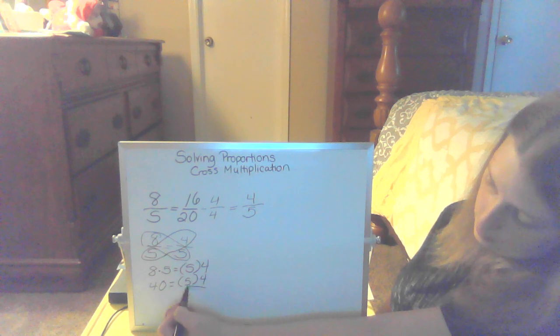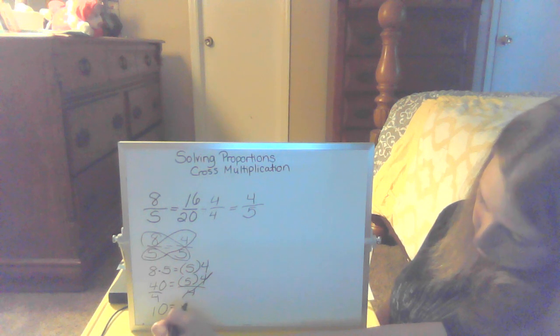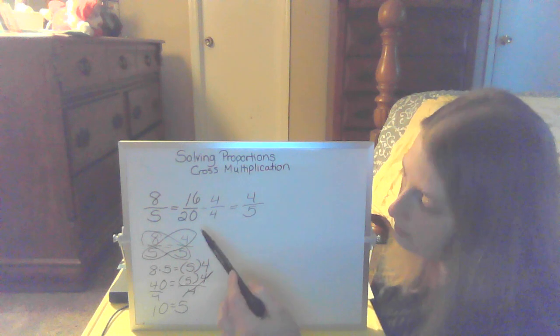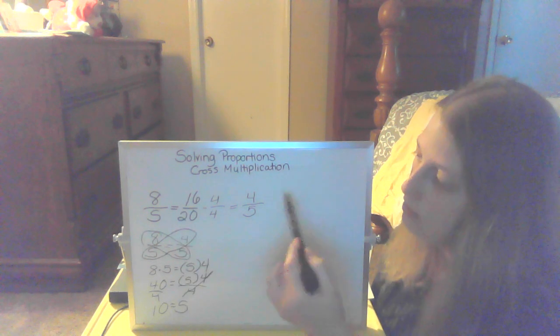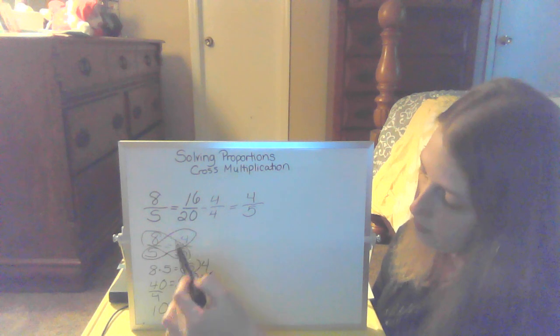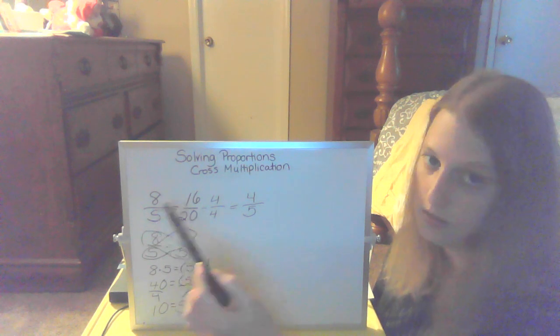Okay? So now we also have to, once again, isolate our s. So we're going to divide both sides by 4, and they will cancel each other out. So 40 divided by 4 is 10. So 10 is what our s is equal to. Now I'm going to rewrite our proportion using 10 in place of the s.